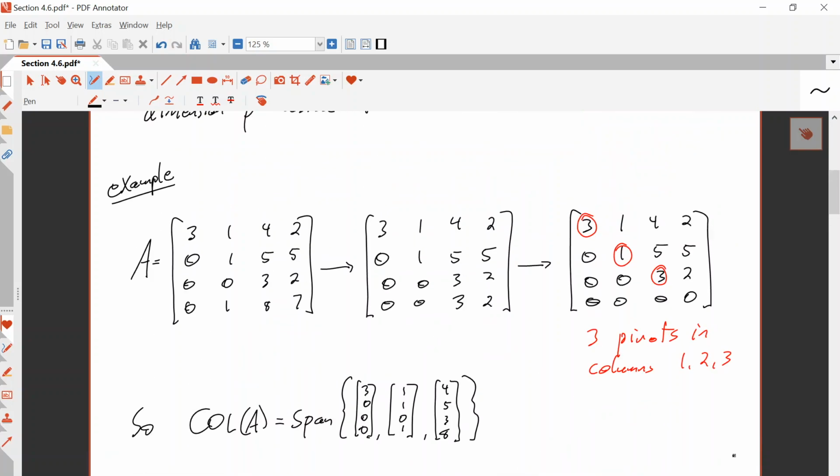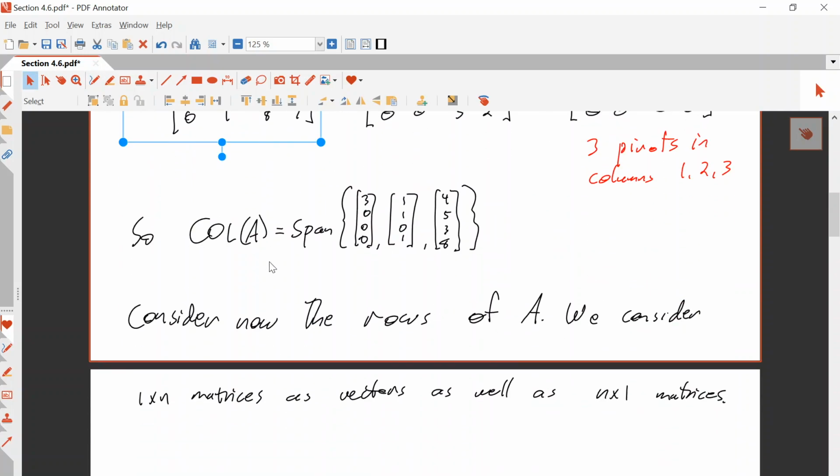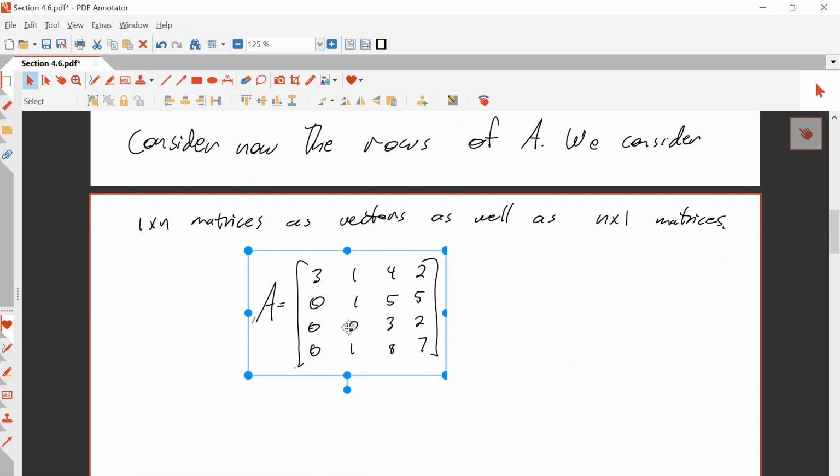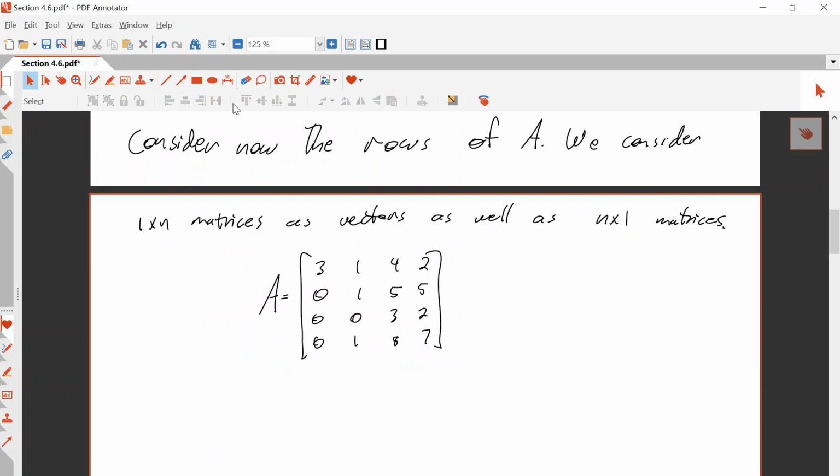So the four row vectors of A are right here. We'll call them row 1, and that's this matrix, and then row 2, 3, and 4.